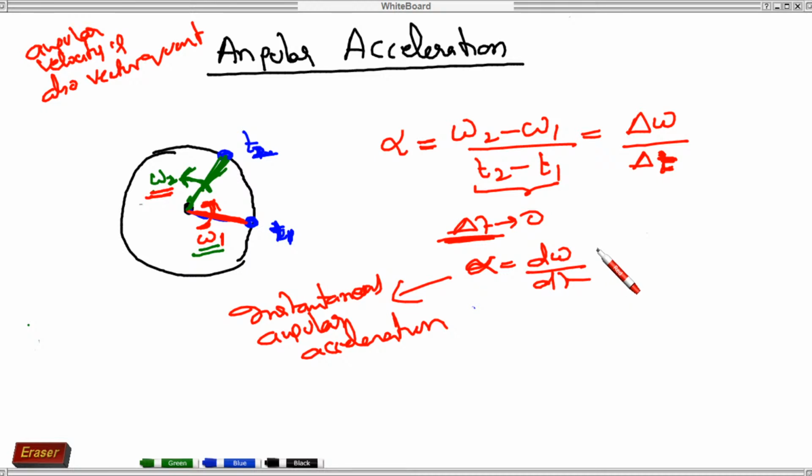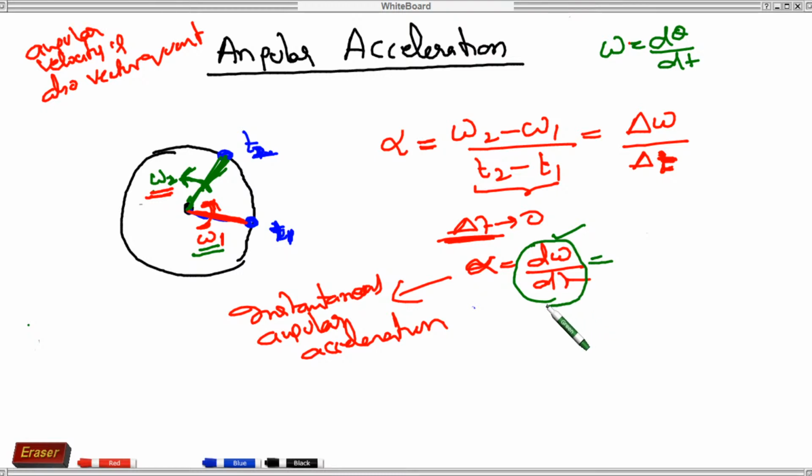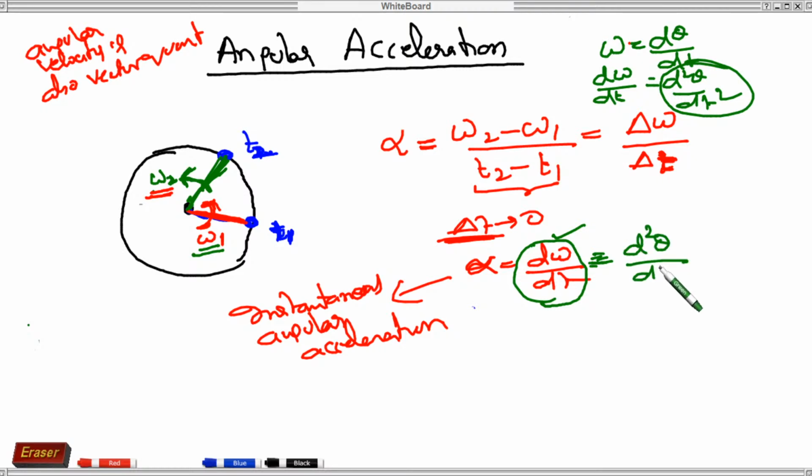I told you that omega was d theta over dt. There is this calculus part that you will come across in your math section. When we do d omega over dt again, it becomes d square theta over dt square. So we can write it like this also, d square theta over dt square.